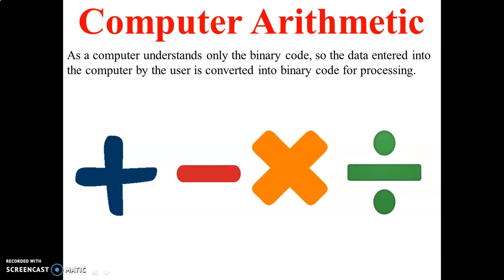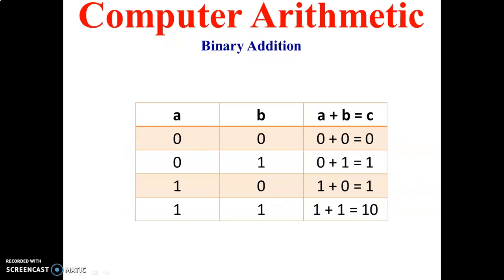So we will start from binary addition. The technique used to add binary numbers inside the computer is very easy and simple. This is performed in the same way as we perform addition with decimal numbers. We have some rules whenever we are adding binary numbers. So this is a table.